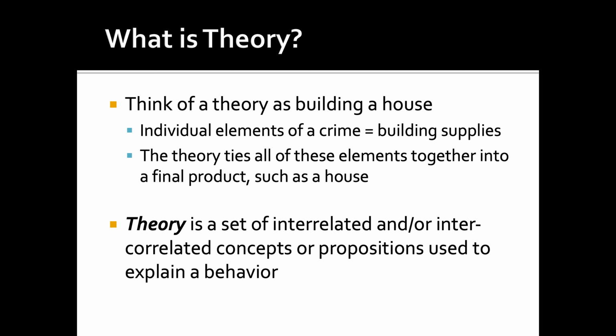It wasn't until my very last theory class, when I was getting my PhD, that this definition was presented to me, and in my mind, this made more sense than any other definition of theory I came across. We're going to break down what this definition means, because I believe it is crucial, especially as many of you are being exposed to theory for the very first time in this class. So again, a theory is a set of interrelated and/or intercorrelated concepts or propositions that are used to explain a behavior.